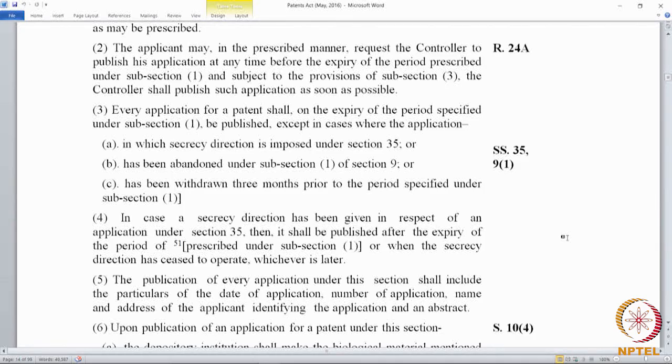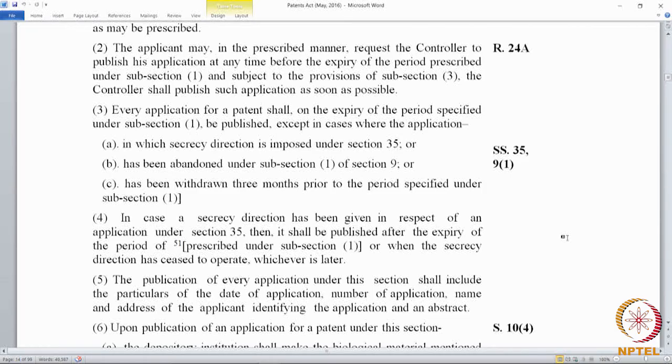So, the second case where an application will not be published after 18 months is a case where a provisional was not followed by a complete. So, a provisional is regarded as abandoned, and that abandoned provisional is not published, which means the matters disclosed in that provisional cannot be used as prior art for the sheer fact that it is not published.